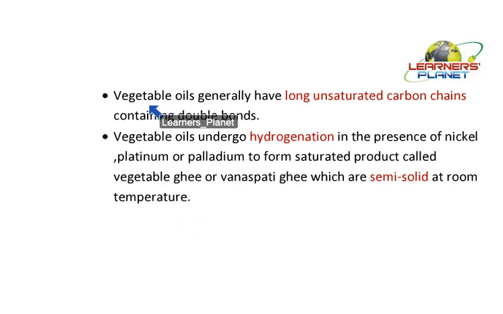Like here, vegetable oils generally have long unsaturated hydrocarbon chains containing double bonds. So these vegetable oils undergo hydrogenation in the presence of nickel, platinum or palladium to form a saturated product called vegetable ghee or vanaspati ghee, which is semi-solid at room temperature.